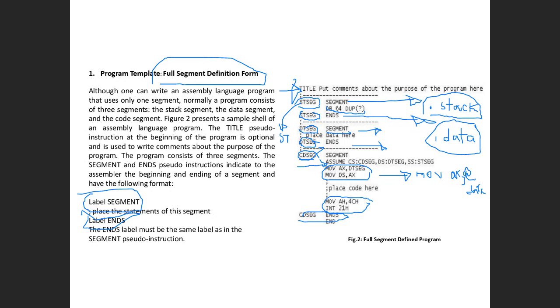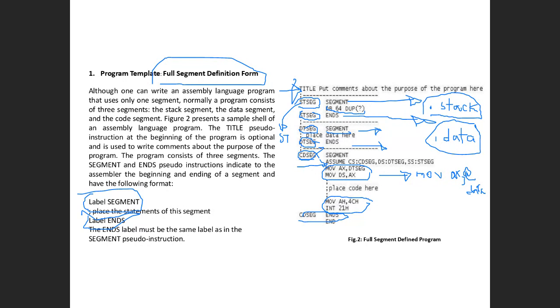Is it okay? Do you get it now? That is the difference between the full segment definition and the simplified segment definition. Next lab we will write our program in the full segment form. Either way is not the main issue; the big issue is writing our program.